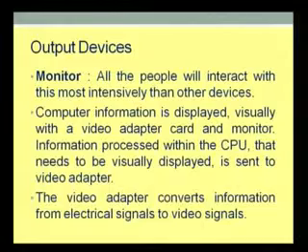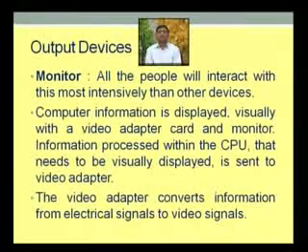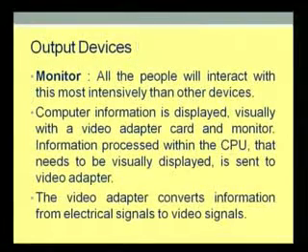Now the next category of peripheral devices is our output devices. First of all, the most basic output device is the monitor. All people interact with this most intensively compared to any other device.